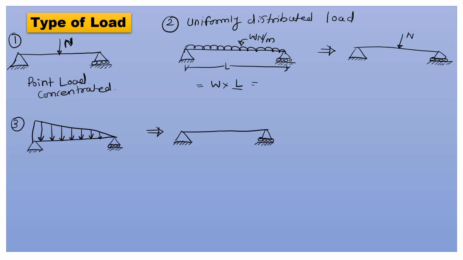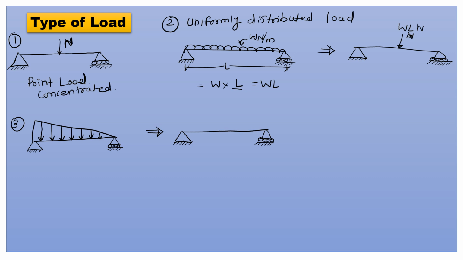Then this is the point load, which is WL. So WL is nothing but a point load, in Newton. By using this point load you can solve the further calculation.